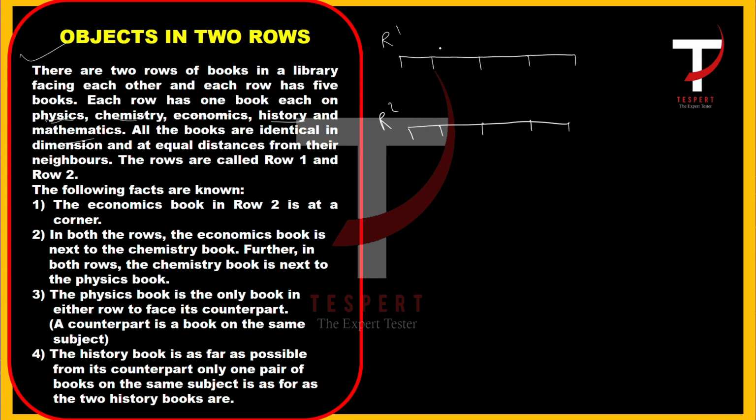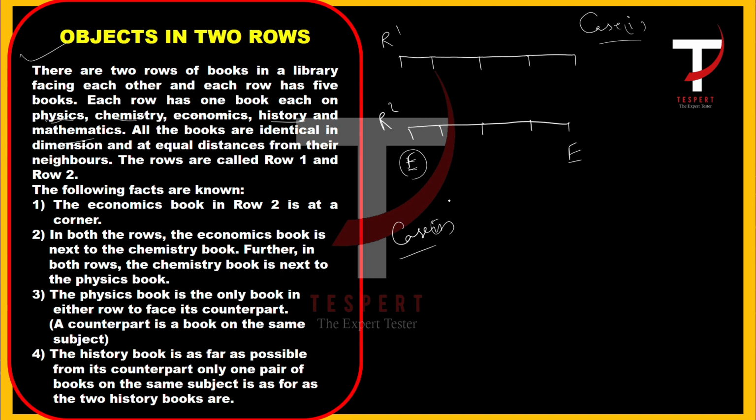The following facts are known. The economics book in row 2 is at a corner. So the economics book can either come here or it can also come here. So we will take one more case. Let us name this case 1 and this case 2.